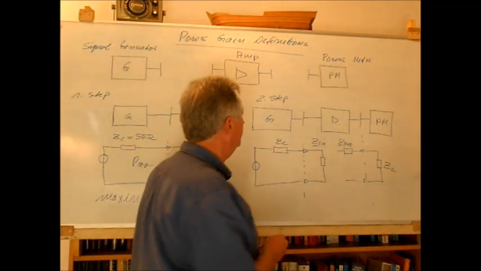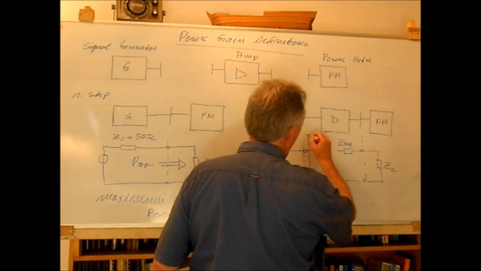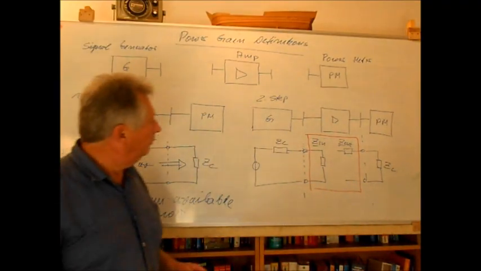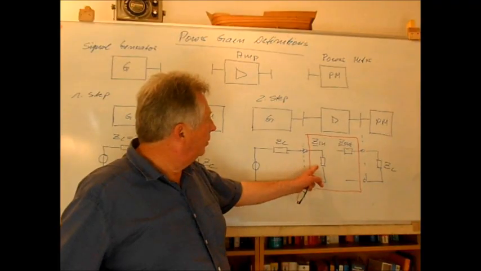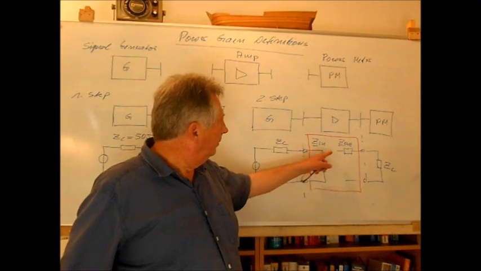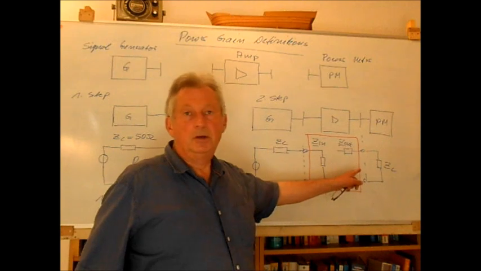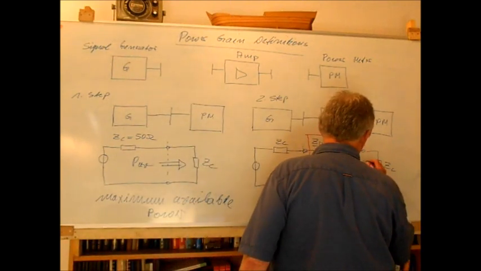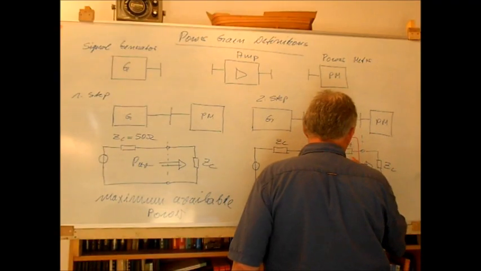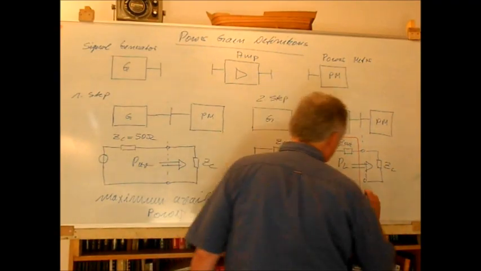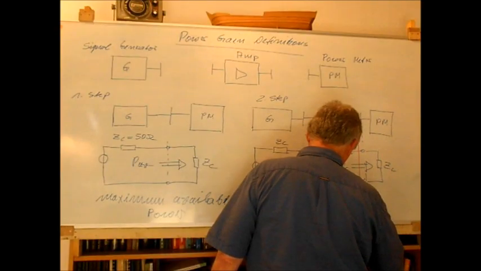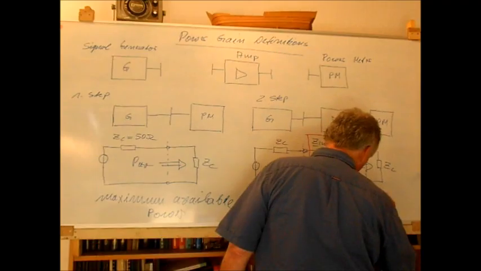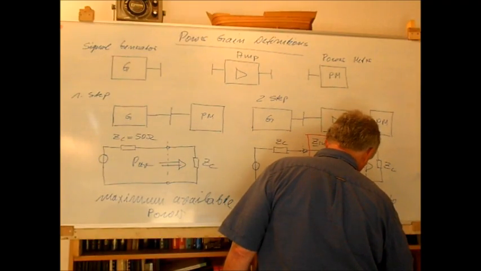So here this is the equivalent circuit of our amplifier. And so we will not have any matching at the input in an arbitrary situation, and we will not have a matching at the output. So here we will assume that there is a certain power PL, this is the power to the load.